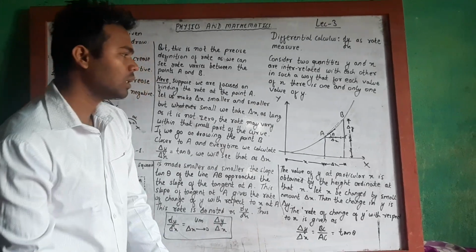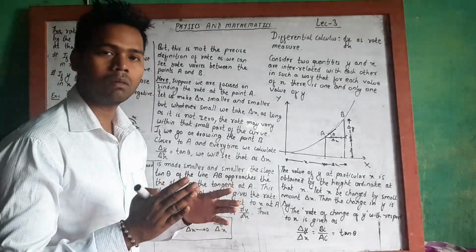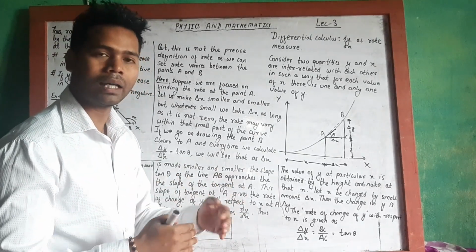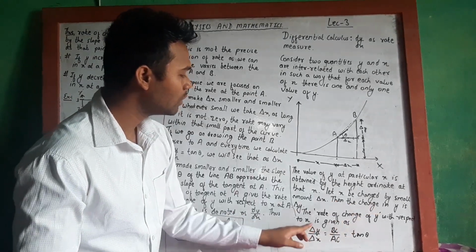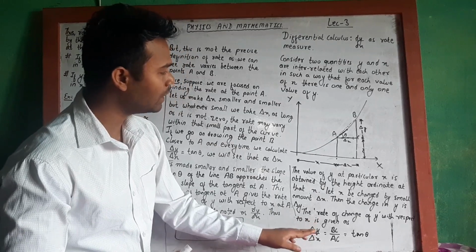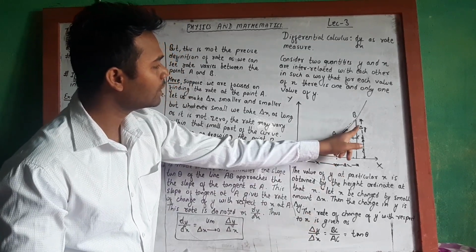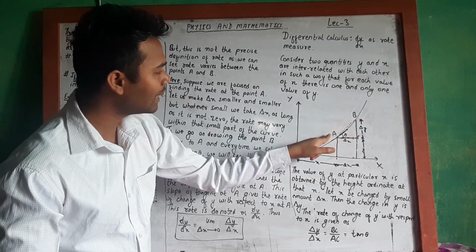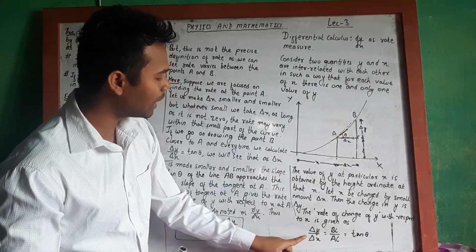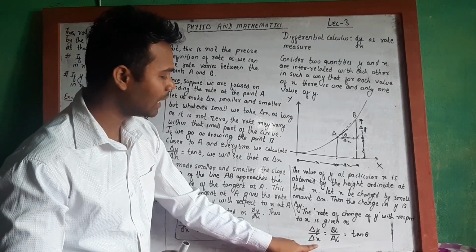Now we can think the rate of change of y with respect to x may be defined by finding del y by del x, or by finding the slope of this line AB, which will be given by del y by del x.